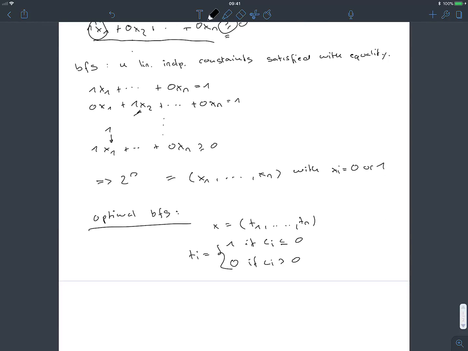And now we have to check, is this even a basic feasible solution? And of course it is, because we only input 1 or 0 here, and we know that we have every possible combination of 0s and 1s.